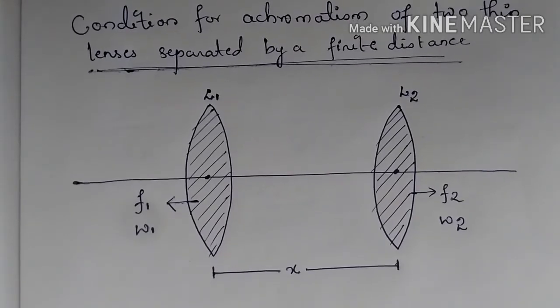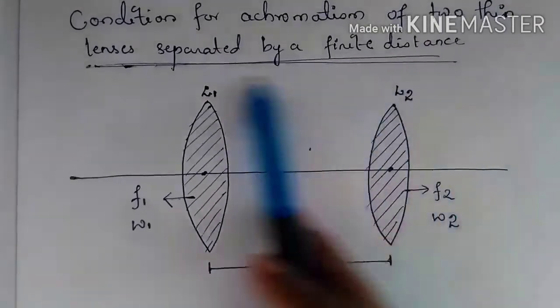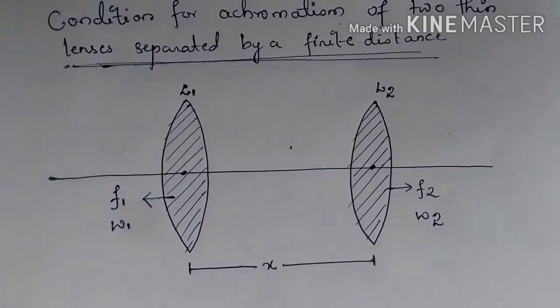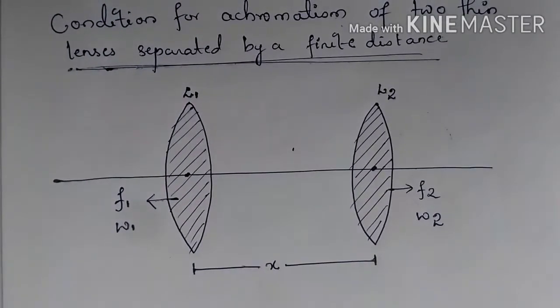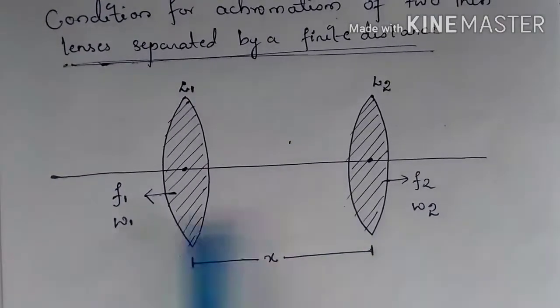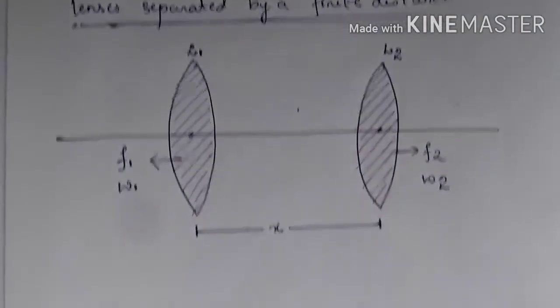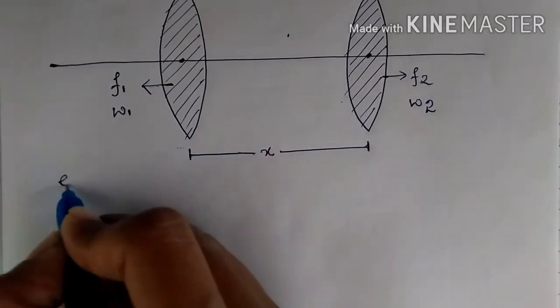Now let us see what will be the condition for a system like this. We have learned how to write the equivalent focal length for two thin lenses which are separated by a finite distance. So let us write the equivalent focal length.